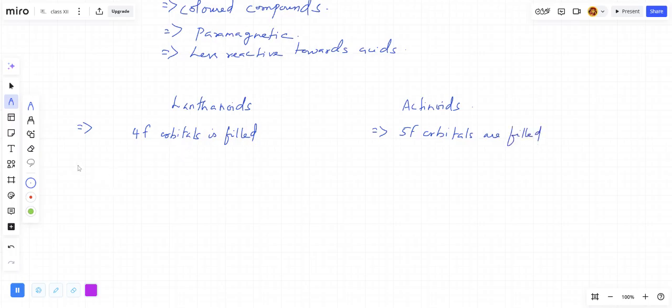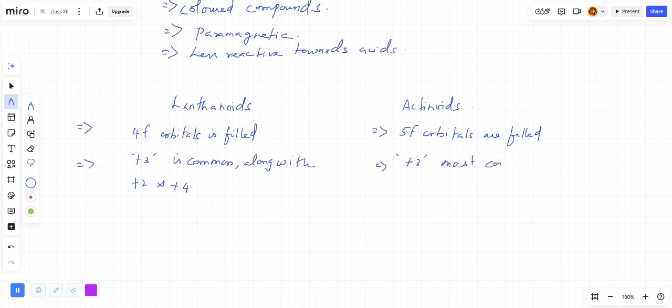Here the +3 oxidation state is common, along with +2 and +4; +3 is the most common. Actinoids also exhibit +4 to +7.